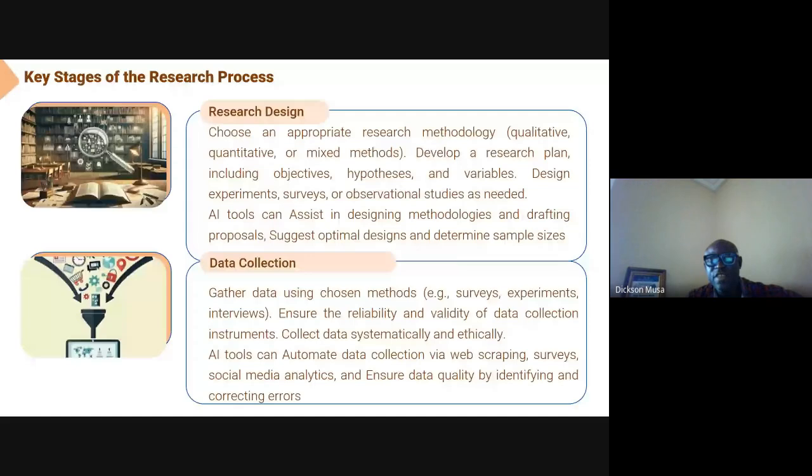So the instrument you use in collecting the data becomes very, very important. And data must be collected systematically and ethically. There are AI tools that can automate data collection, that can automate surveys and social media analytics, and they can also ensure data quality by identifying and correcting errors.